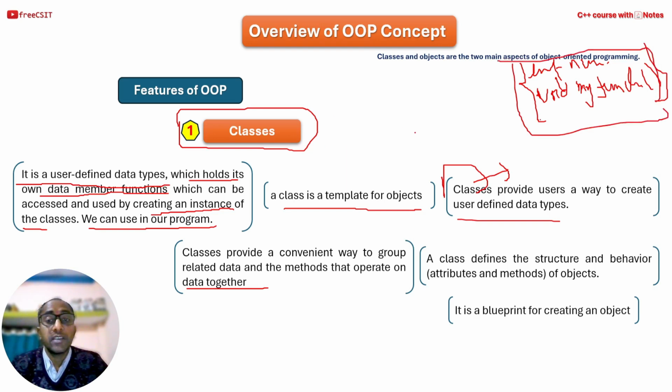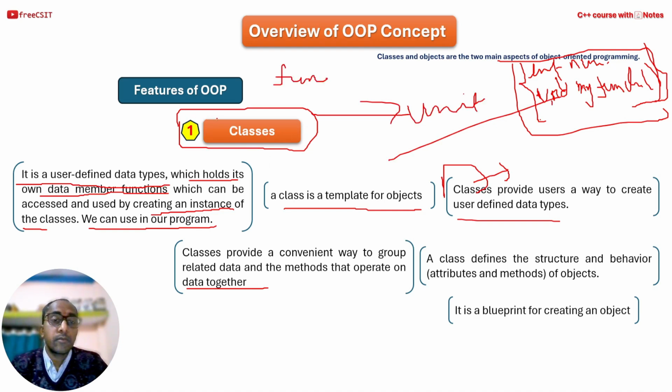Both are bound in one unit, that is a class. A function we can sometimes call a method. In object oriented programming languages we basically call functions methods instead of functions.